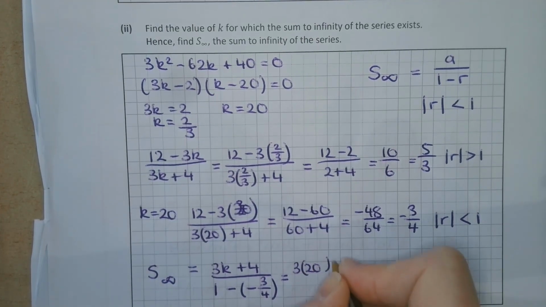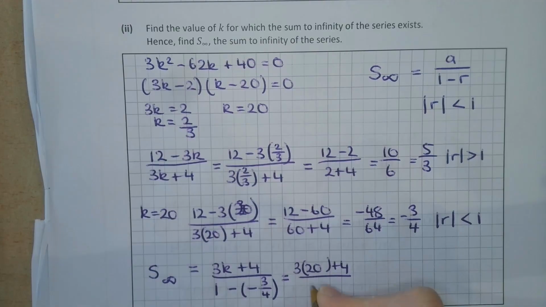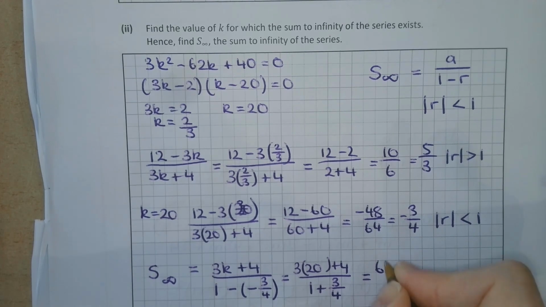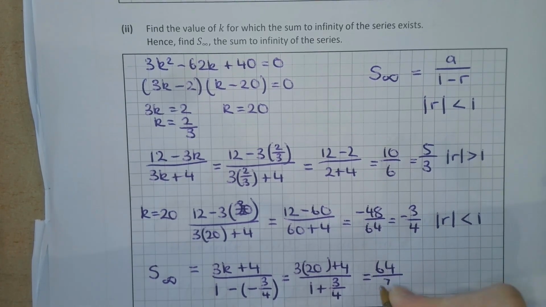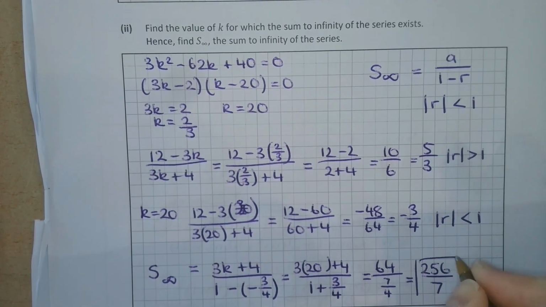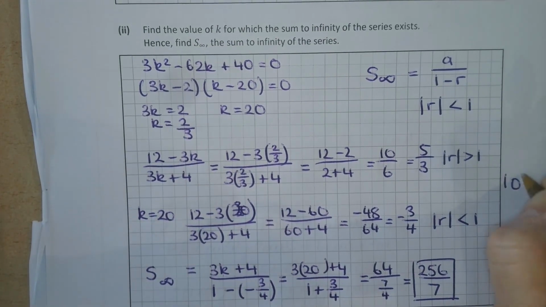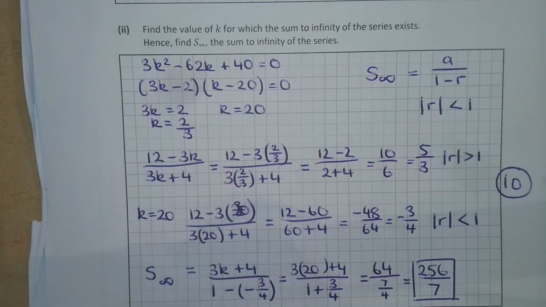Could have put that in straight away if I wanted to. Our double negative on the bottom will give me a positive, and we end up with 64 over 7 over 4, which put into a calculator, 256 over 7. That's my answer. And that question was worth 10 marks.